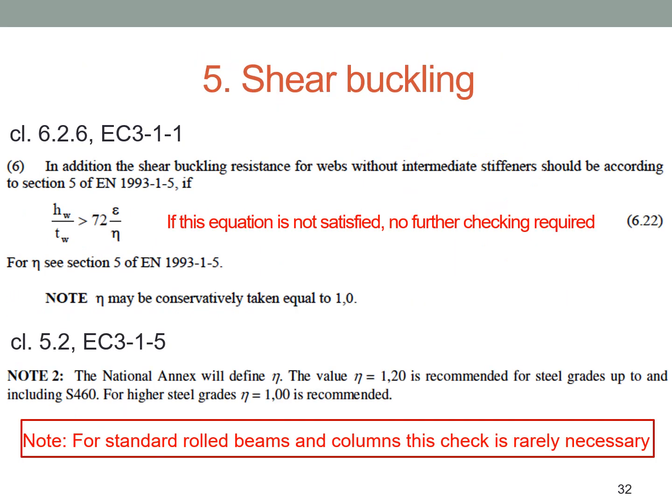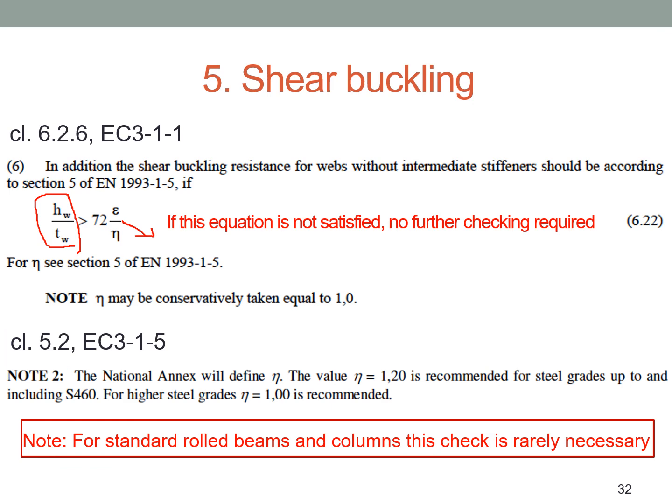Okay, so next we check for shear buckling requirement. Normally, in addition to shear buckling resistance, if the hw over tw ratio is greater than 72 epsilon over η, you have to add another equation to check for shear buckling resistance of the section.